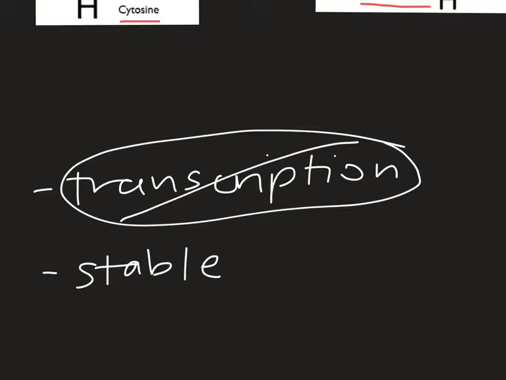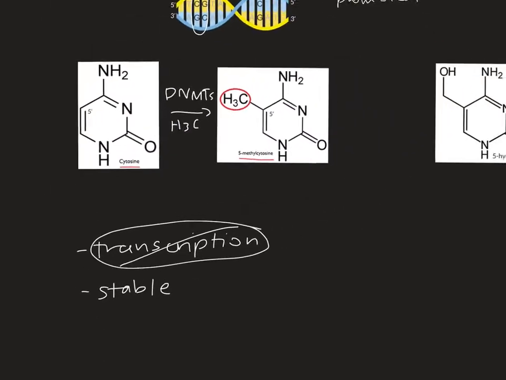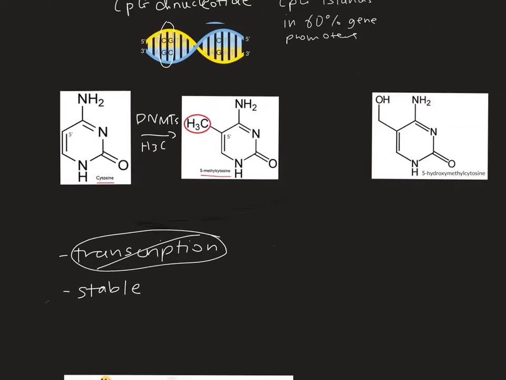Demethylation is the removal of methyl groups from DNA through either active or passive means. Active demethylation involves the addition of a hydroxyl group onto 5-methylcytosine, which is the methylated version of cytosine, by ten-eleven translocation enzymes, or TET enzymes for short.